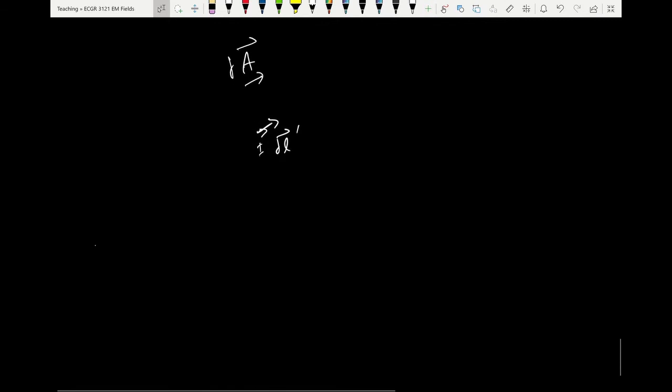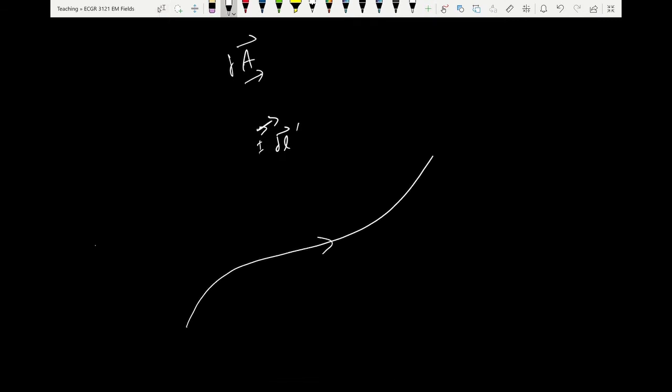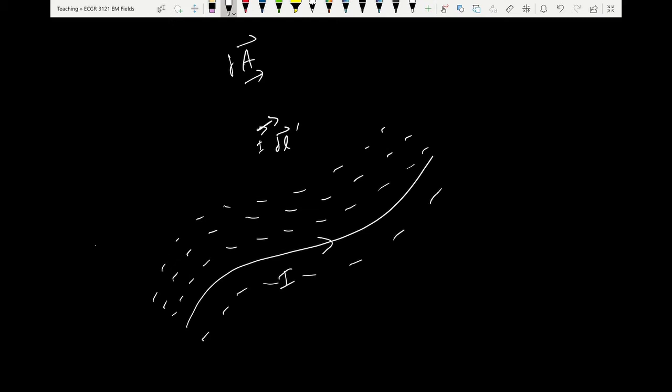So if you have the current going through a filament, the A vector will always be parallel. So this is I. The A vector will always be parallel in space to the current filament. So this is what the A vector in space will look like. And by the way, this is dl prime.